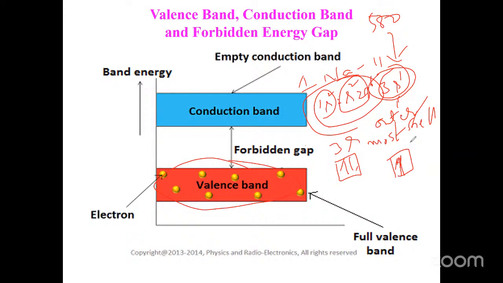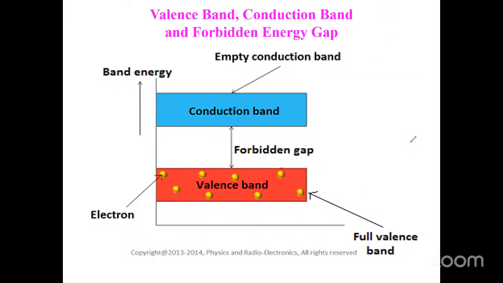Above the valence band there is a conduction band. The gap between the valence band and the conduction band is the forbidden energy gap. Is it clear? What is the nature of the valence band? Is the valence band always completely filled, or partially filled?